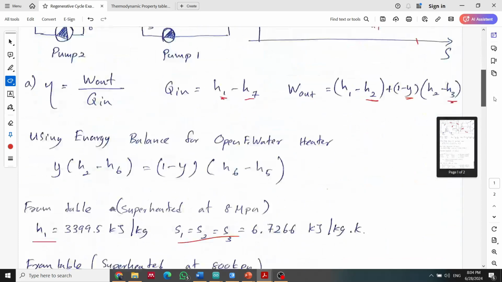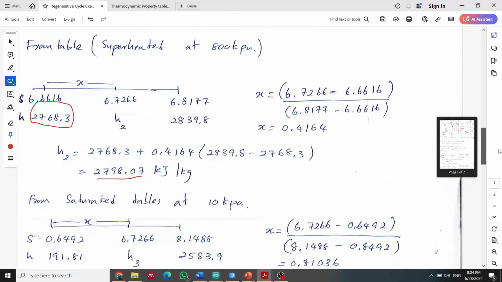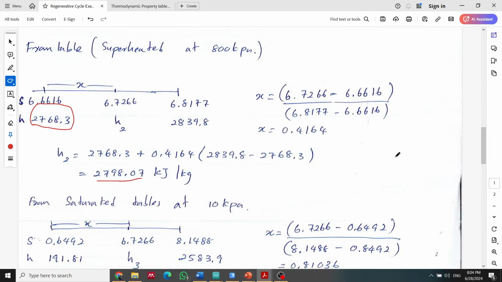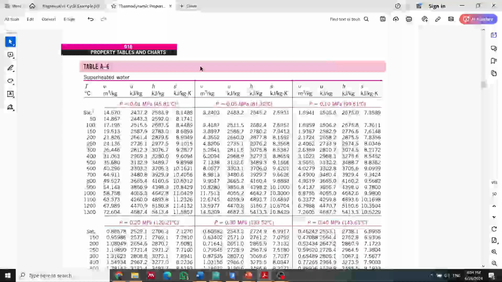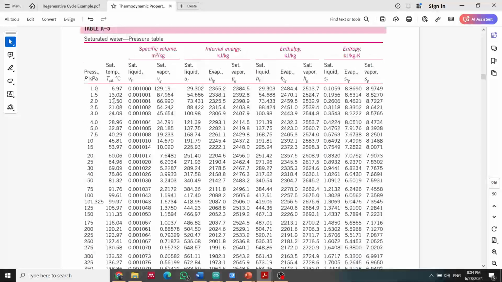For that let me refer to the saturated tables, at 10 kilopascal. Why 10? Because the pressure is 0.01 megapascal, that means 10 kilopascal. So this is the 10 kilopascal saturated pressure table, and this is the 10 kilopascal line.